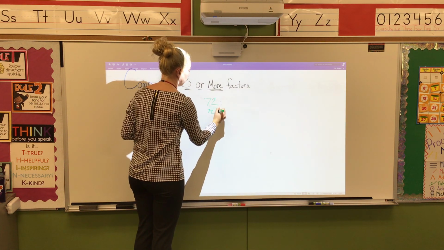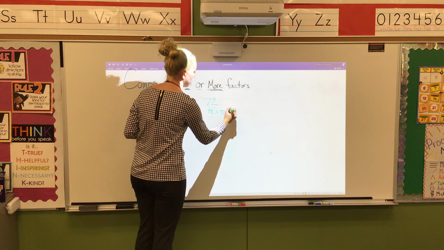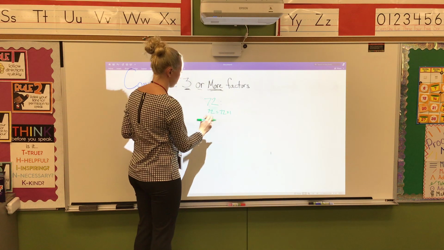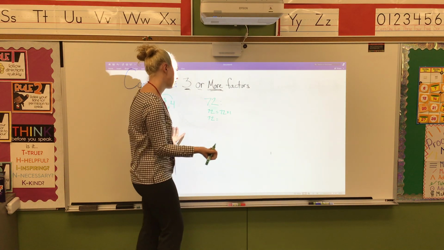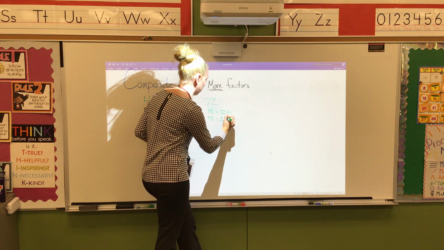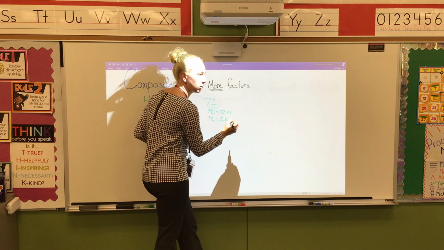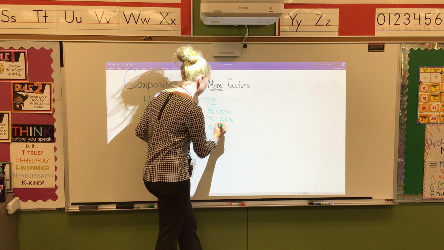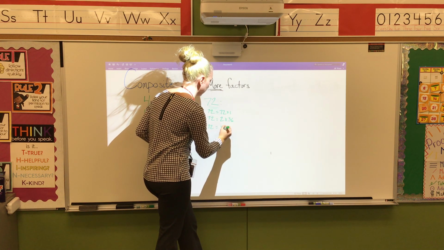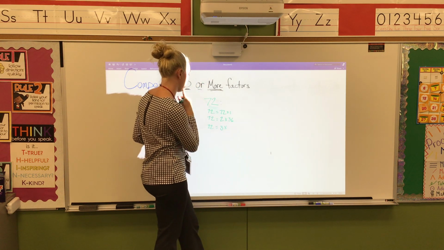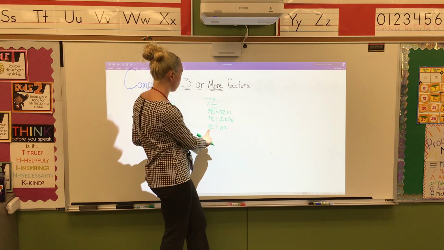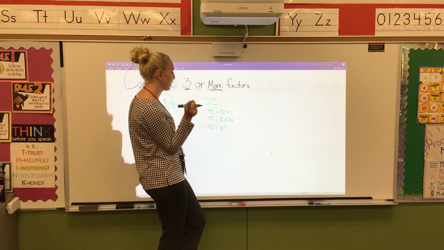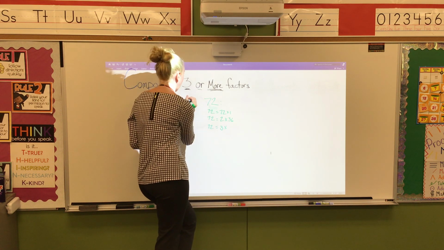First, 72 would have 72 times 1. 72 could also be 2 times 36. 72 is also equal to 3 times, oh no, I know it's divisible by 3 because I know 7 plus 2 makes 9. But now Miss Farmer is going to actually have to do some extra math outside her brain.